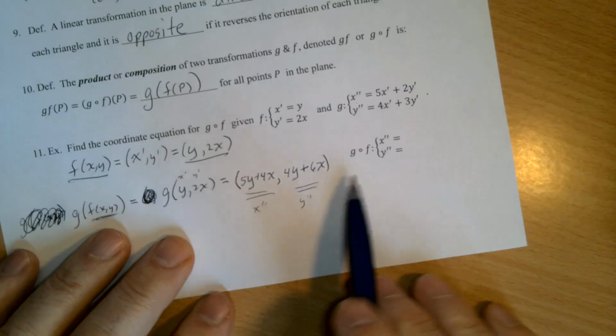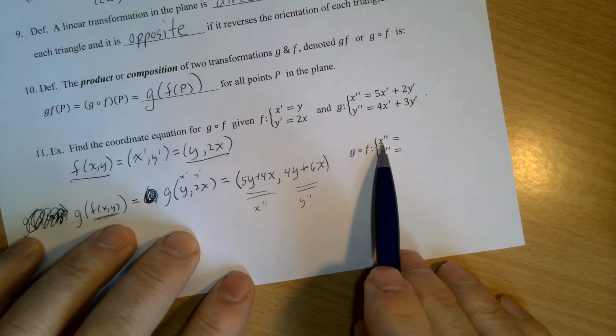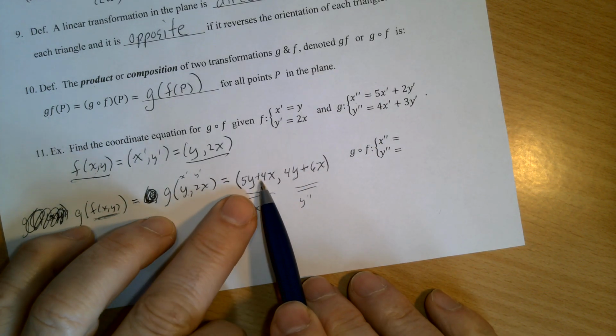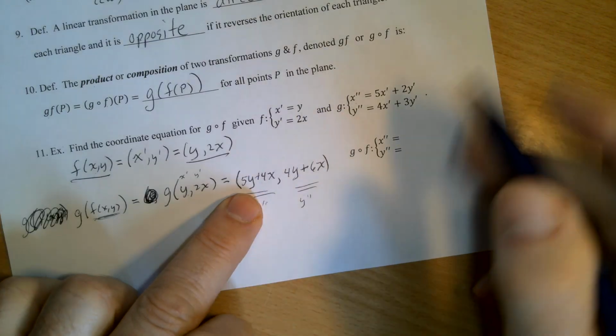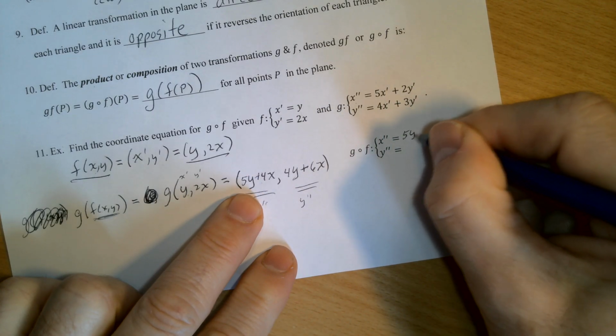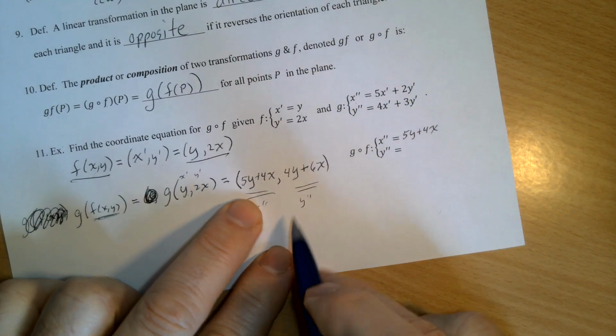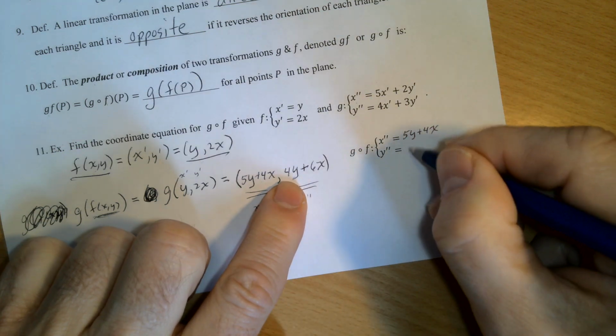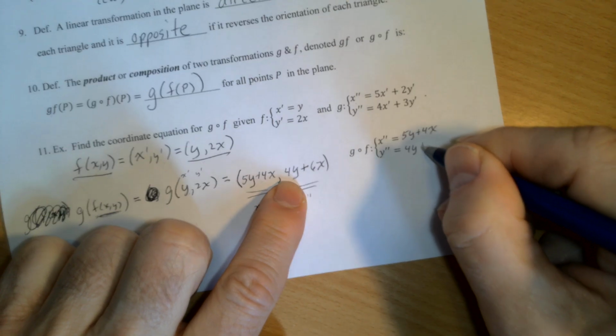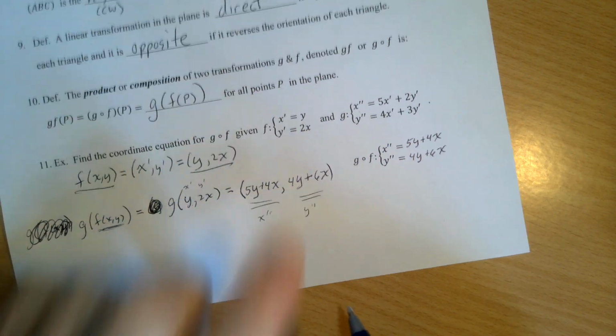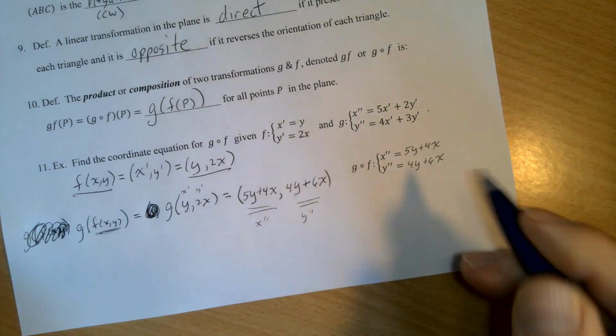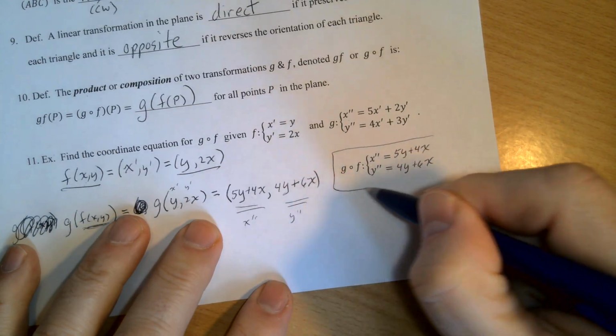So how do we get the x double prime? It's exactly this, 5y plus 4x. The y double prime is 4y plus 6x. This is what we're looking for.